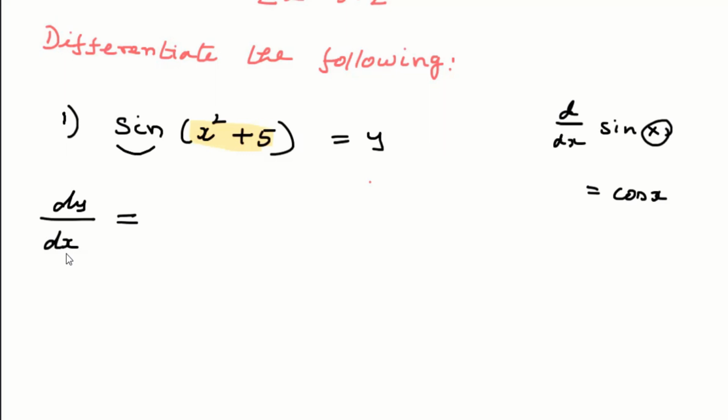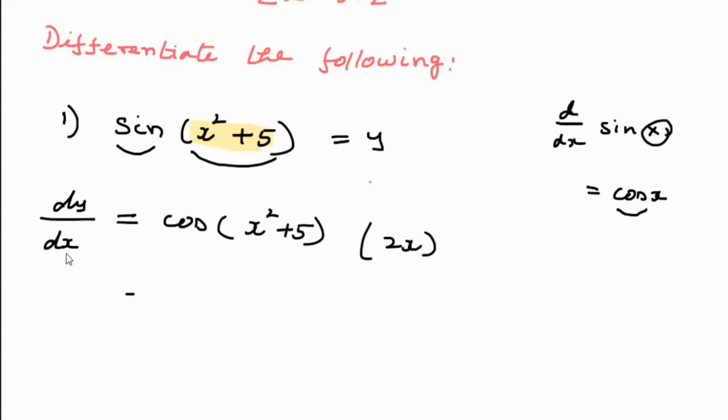Differential of sine is cos, so it is cos of x square plus 5. Now you differentiate x square plus 5. Differential of x square is 2x, differential of plus 5 is 0, because differential of a constant is 0. So the final answer is 2x into cos of x square plus 5. This is the answer. Is it clear?